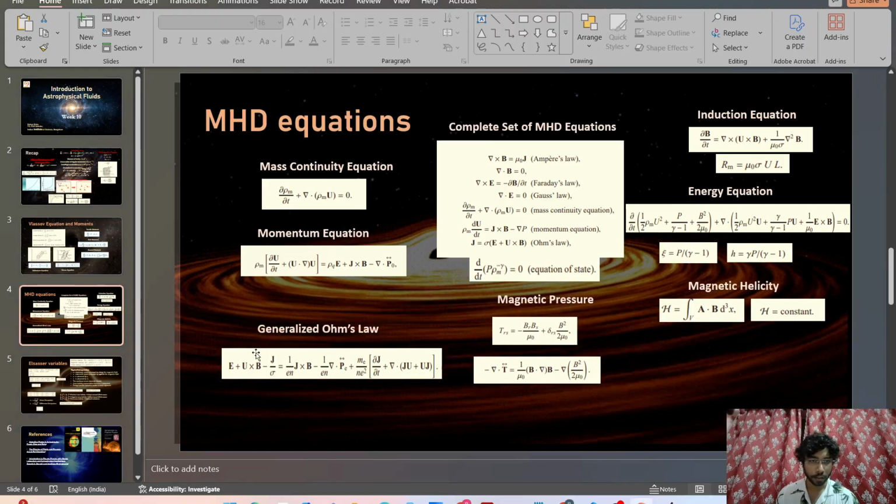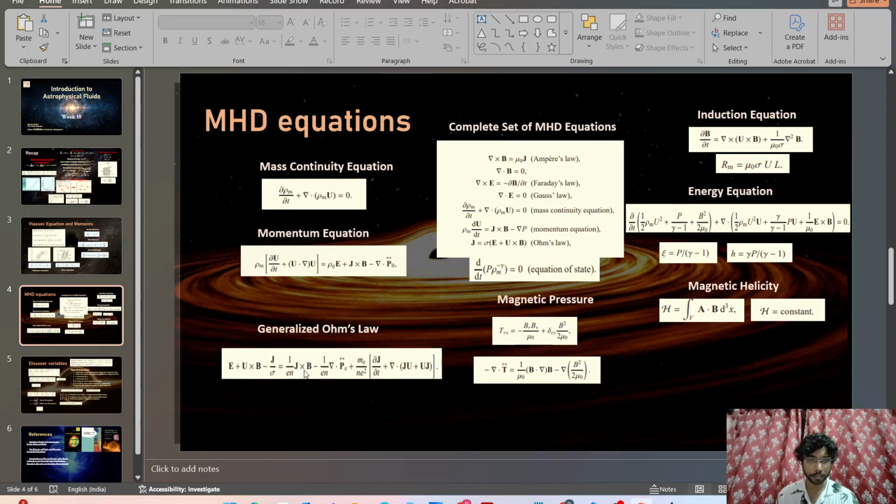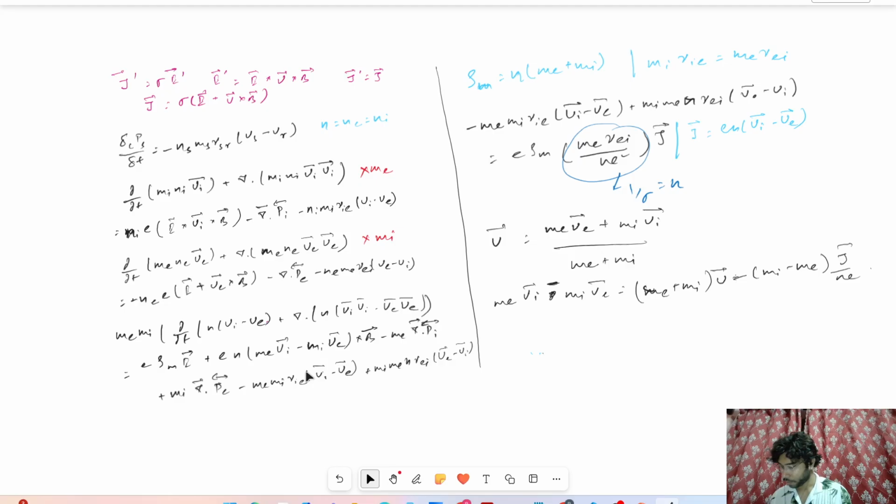So we'll get both. You see, this term gives rise to u cross B and j cross B. These two terms give rise to the j by sigma term.